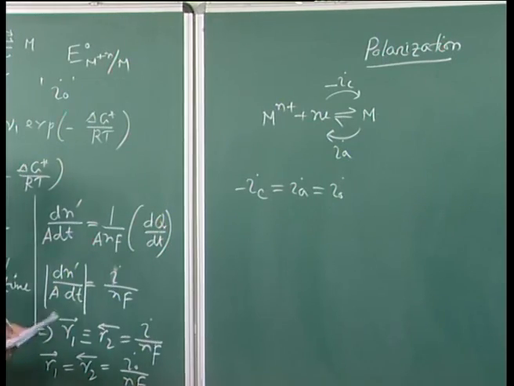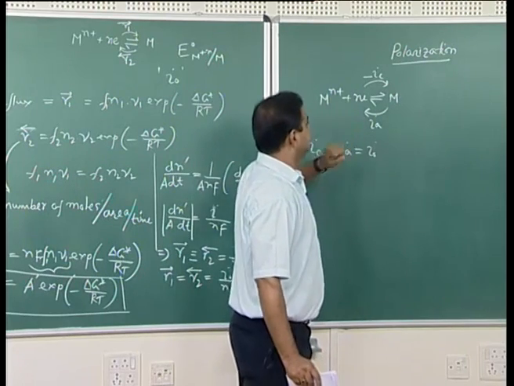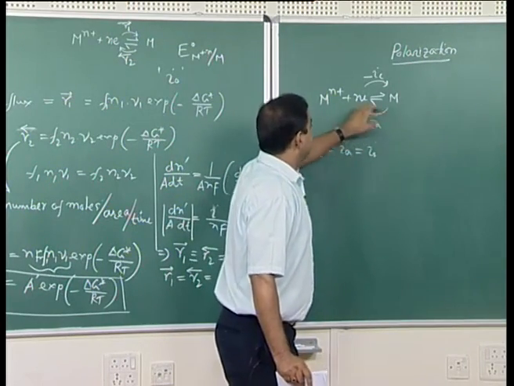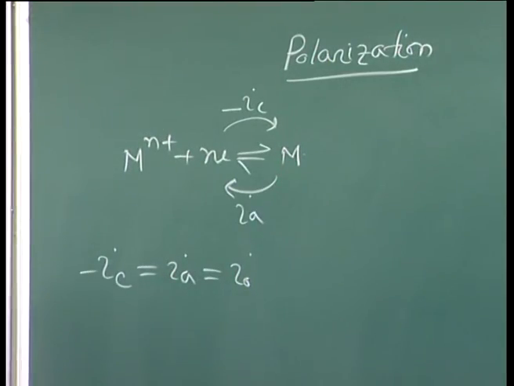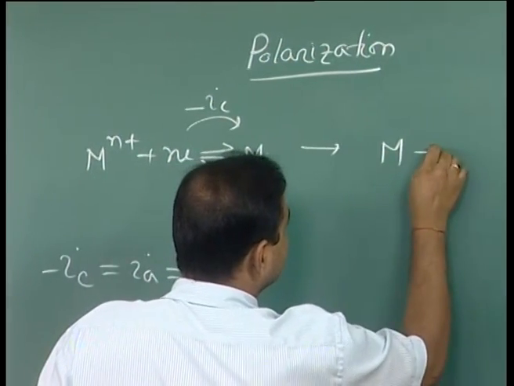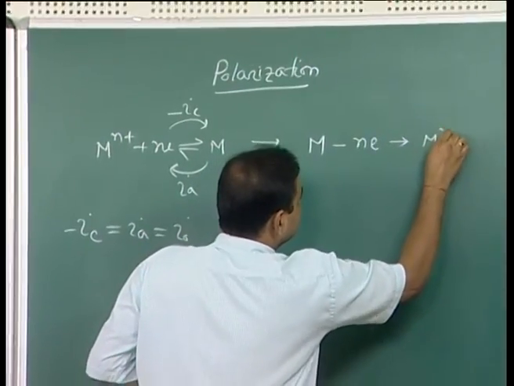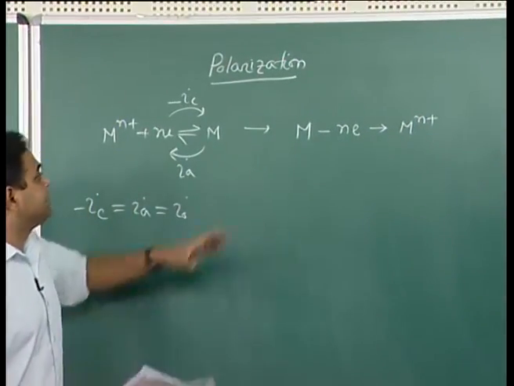Now, what happens if there is a net metal ion formation? Net metal ion formation means that the equilibrium is disturbed.